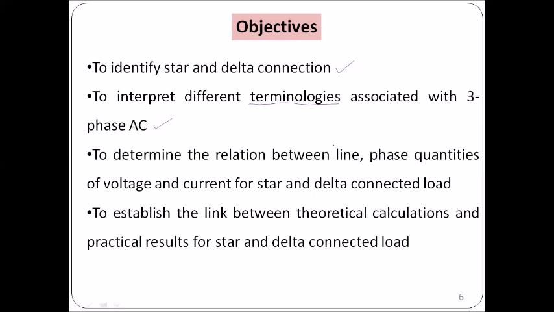We shall determine the relationship between the line and phase quantities through the experiment. And once we are done with the experiment, we shall also establish whether there is any link between the theoretical calculations and the actual practical results for star and delta connected load. So this is the fourth objective.